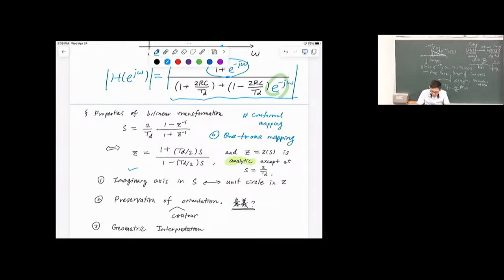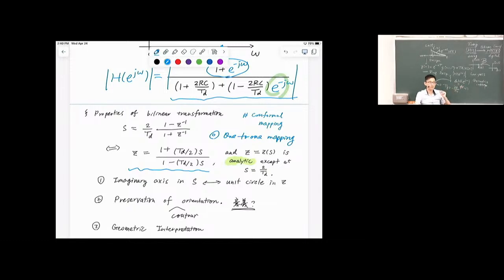You can express s as a function of z, or you can express z in terms of s using the inverse bilinear transformation, so it goes between two domains. So the first observation is that you can also write z in terms of s. It's a one-to-one mapping.